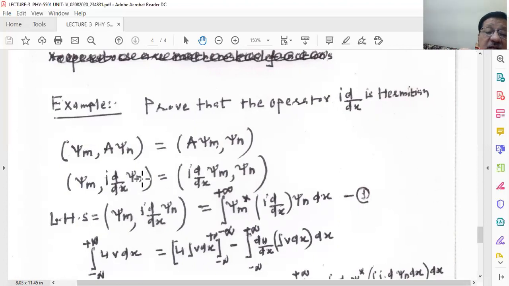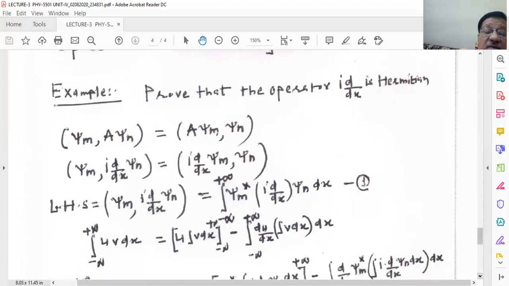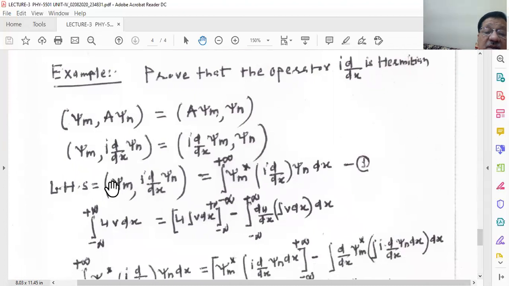So let us take the left hand side of this equation. The left hand side is a scalar product of psi m with i d by dx operating on psi n. Now you write down this equation in the integral form.